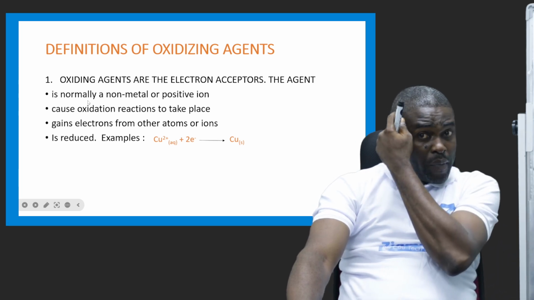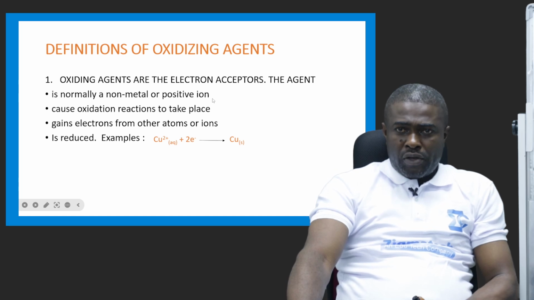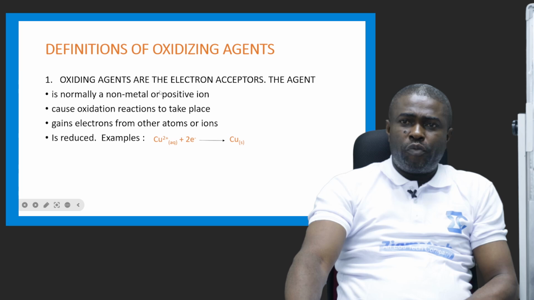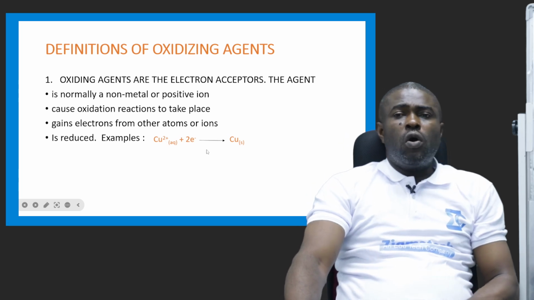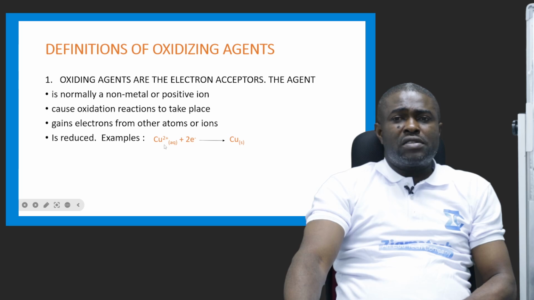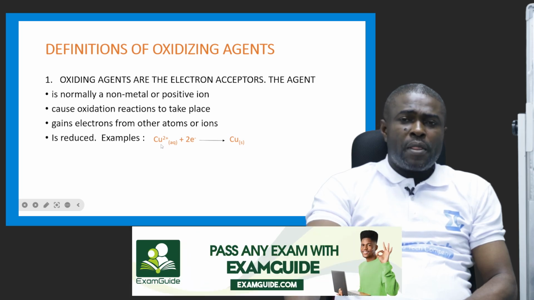The first one says is normally a non-metal or positive ion. Now, this particular equation here is taking care of the positive ion, because here is copper 2 ion. It's not just ordinary copper. What will help you to understand that it's really an oxidizing agent is because 2 electrons were actually added to it.